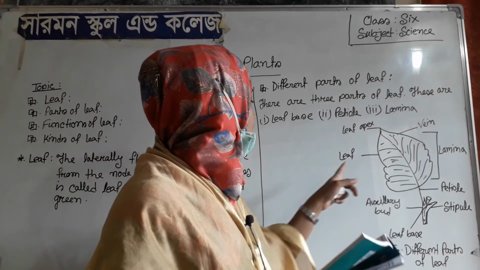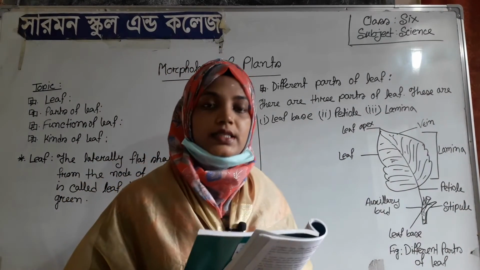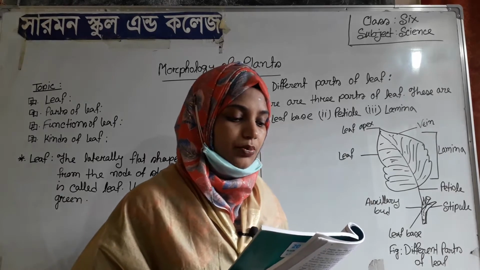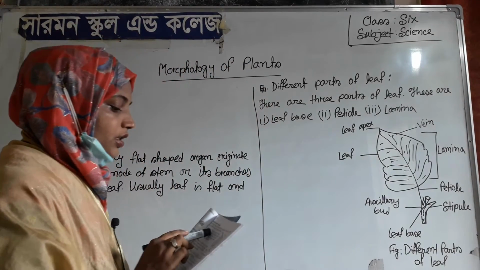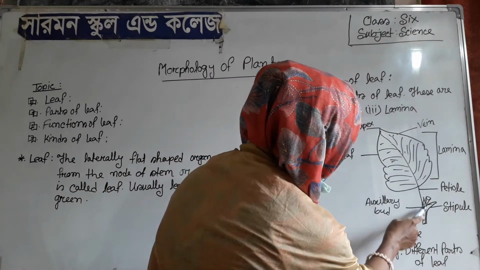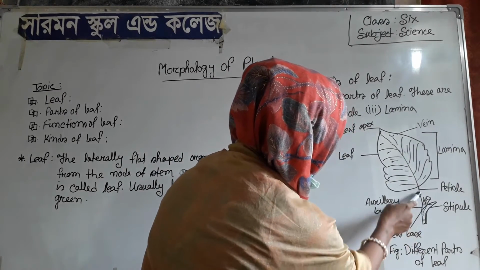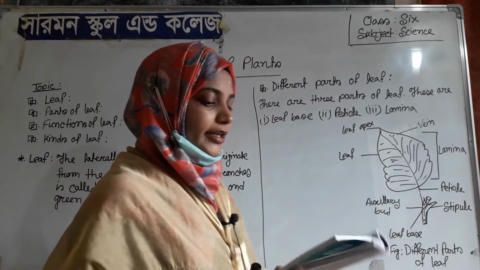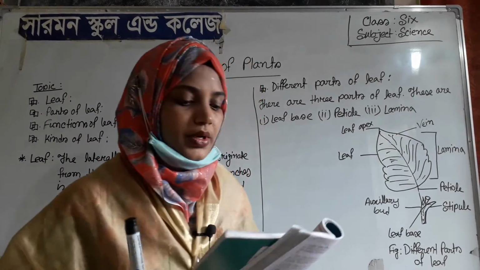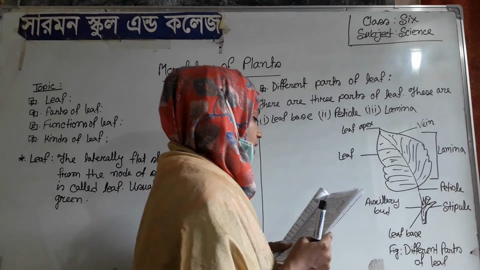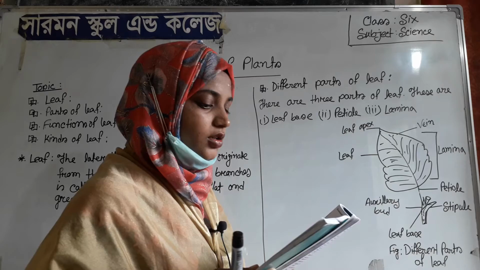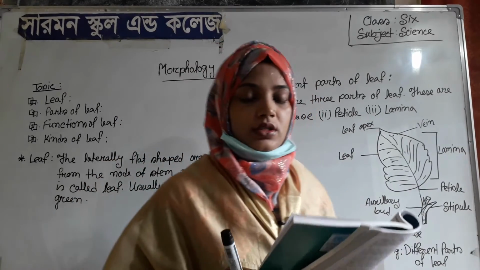Generally, leaf base attaches to the stem or branches, but in some plants, leaf-like growths arise from the side of the leaf base. These are stipules.